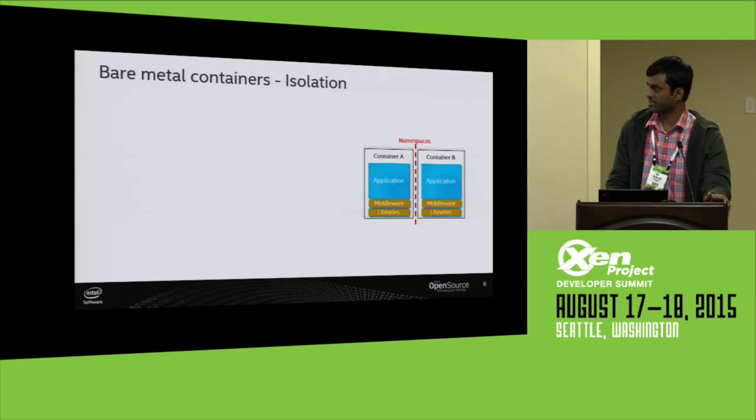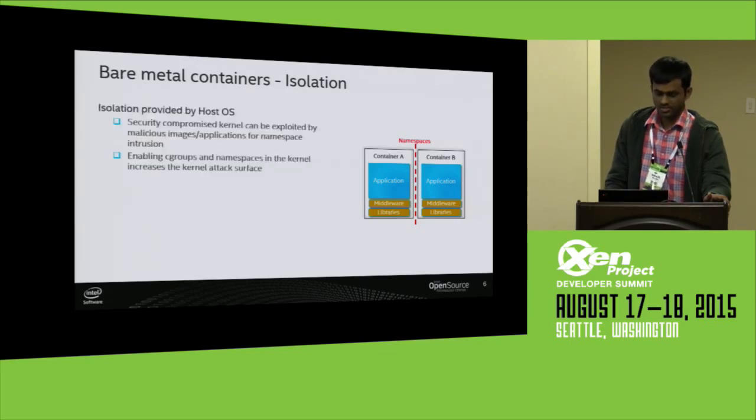Since containers run on the same host OS, any vulnerability or potential hole in the kernel can be exploited by malicious applications or images, and they can peek into other applications' data or what they are doing. Also, if we enable these technologies, cgroups and namespaces, we are introducing more syscalls and more attack surface.